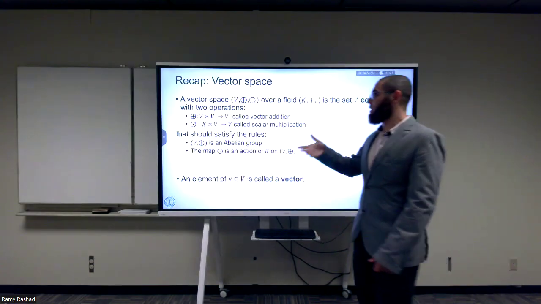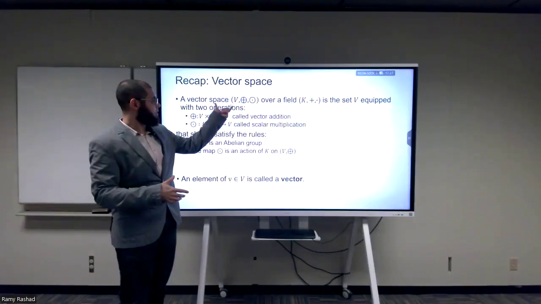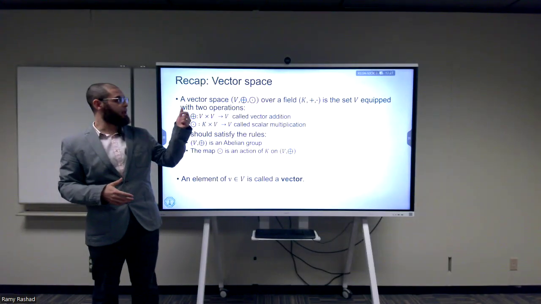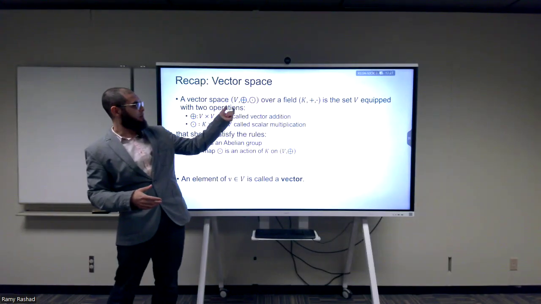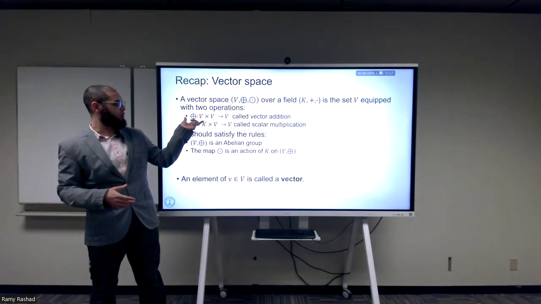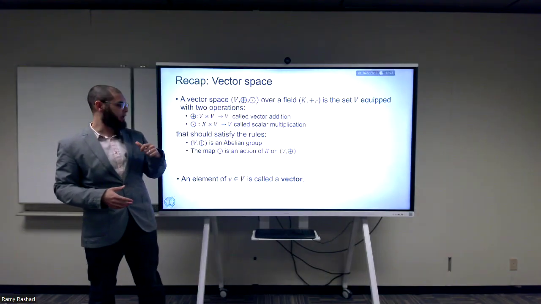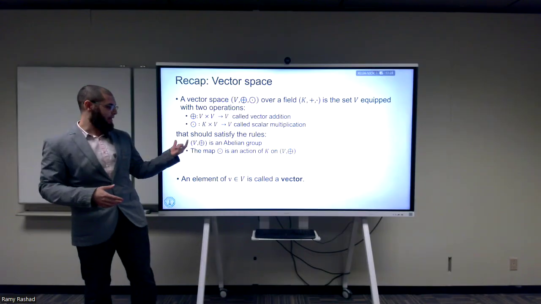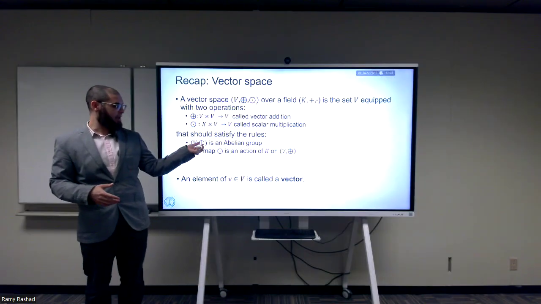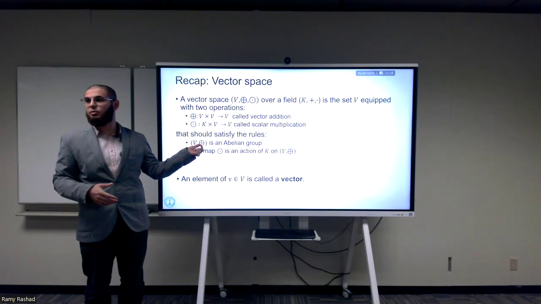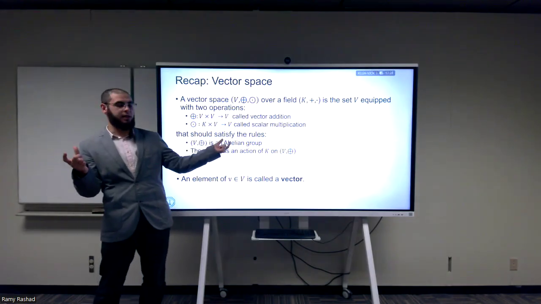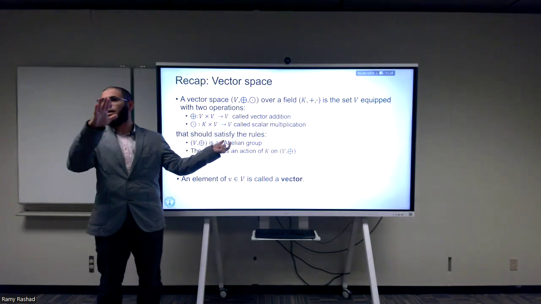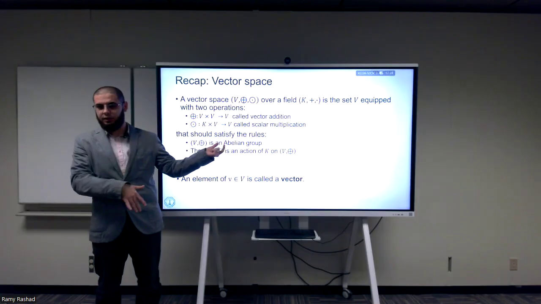So just to recap what the vector space was. A vector space, this triplet, was simply a set, and it had two operations, one which is the vector addition, another one the scalar multiplication. And we should satisfy the fact that if you take the set V and the vector addition by themselves, they make an abelian group. Okay, which means they should satisfy all of the conditions.